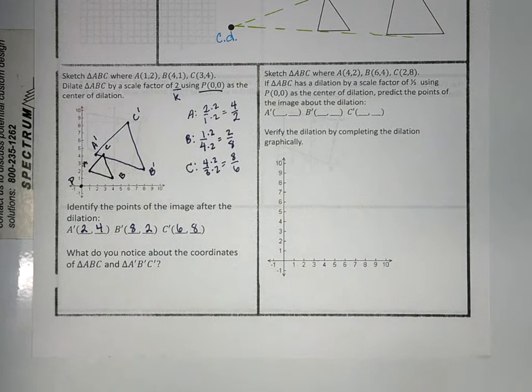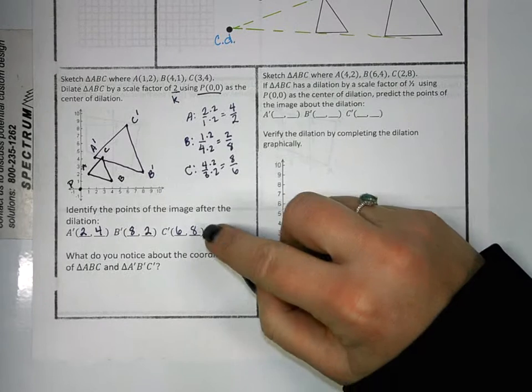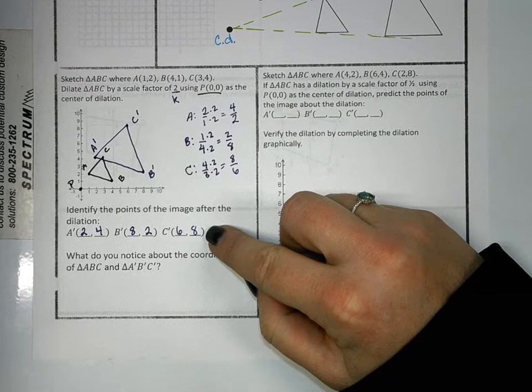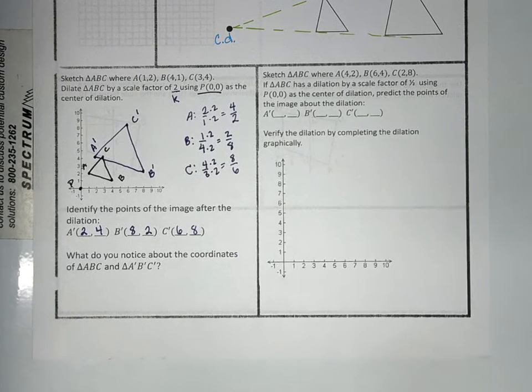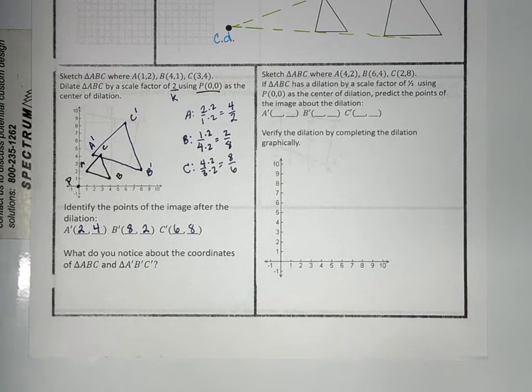So if we look at the original points for A, B, and C and the points dilated by 2, do you notice anything? Looking at the original points and our new points after we dilated by 2. Every number is multiplied by 2.